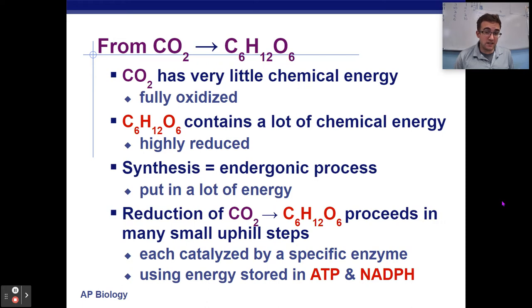To turn an oxidized product into a highly reduced product, we're kind of pushing it uphill, which involves a lot of energy, and that's why we need the ATP and the NADPH. The ATP and the NADPH provide us with the energy to turn carbon dioxide into glucose.